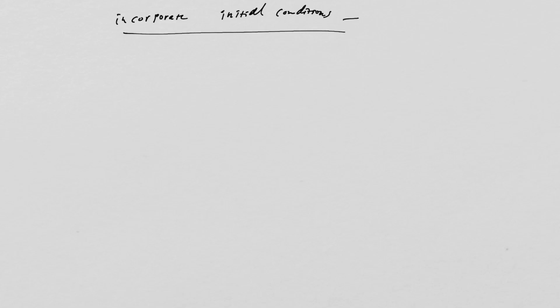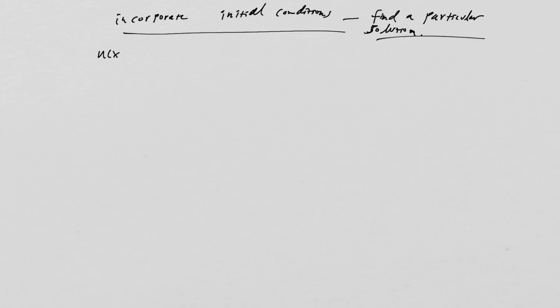Okay, so now the final step is we have to incorporate initial conditions. If we have an initial condition, we can now find a particular solution. Let's find a particular solution here.